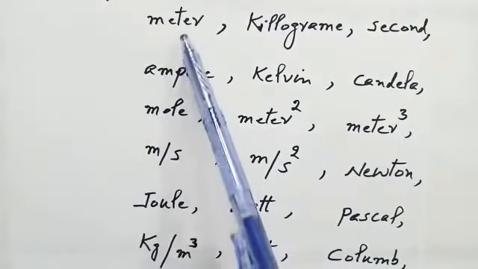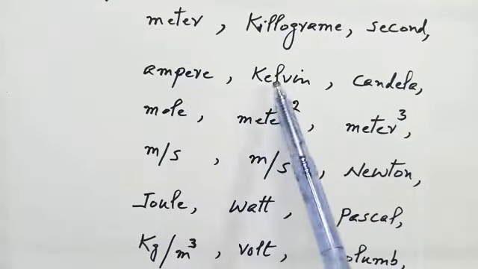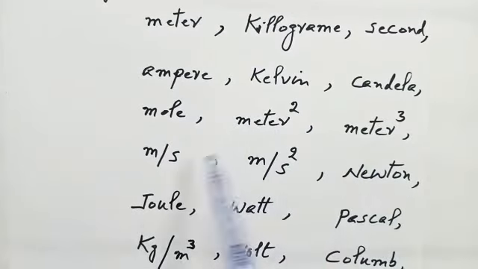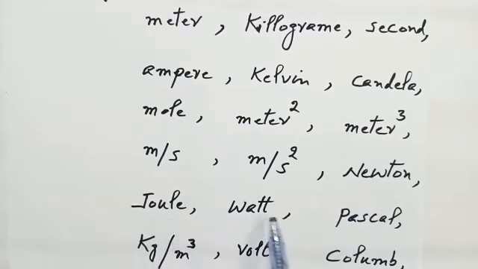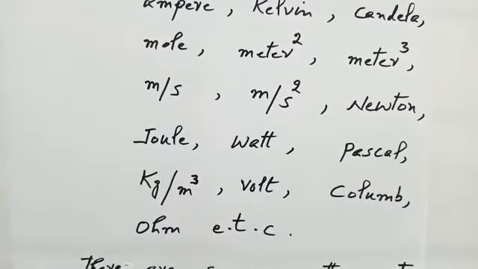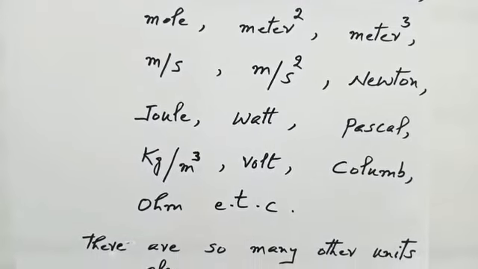For example, meter is a unit, kilogram is a unit, second is a unit, ampere is a unit, Kelvin, candela, mole, meter square, meter cube, meter per second square, Newton, joule, watt, Pascal. All these are examples of units, and there are so many other examples of units.